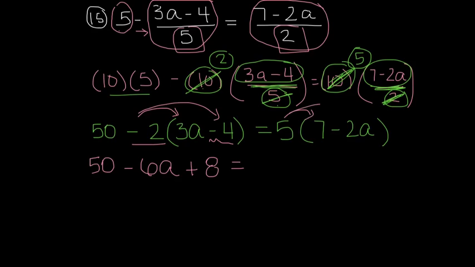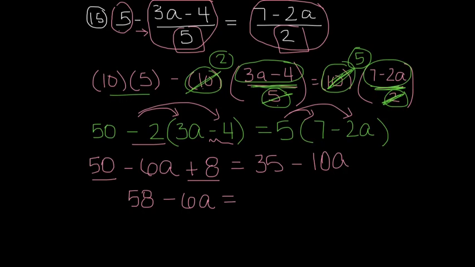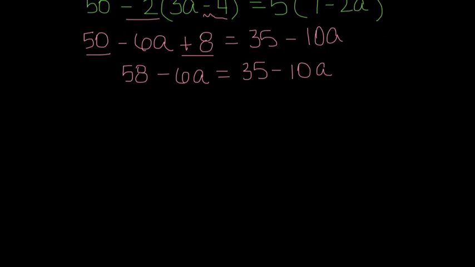Equals, I'll distribute the 5. 5 times 7 is 35, minus 5 times 2a is 10a. Combine my like terms over here. I have a 50 plus 8 is 58, minus 6a equals 35 minus 10a. So more and more it's looking like a problem that we have been working with before and that we're pretty used to.